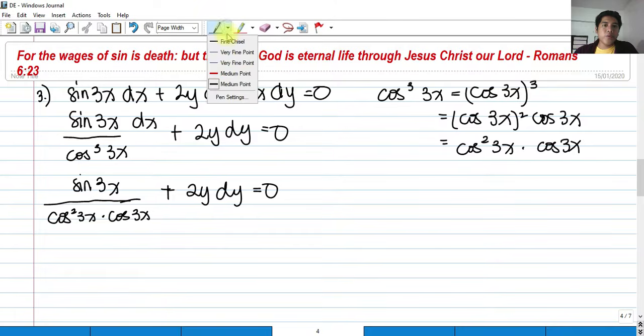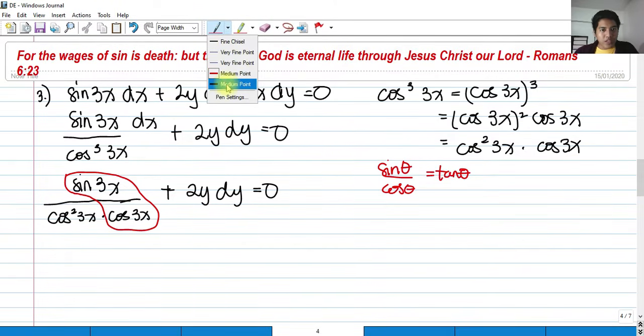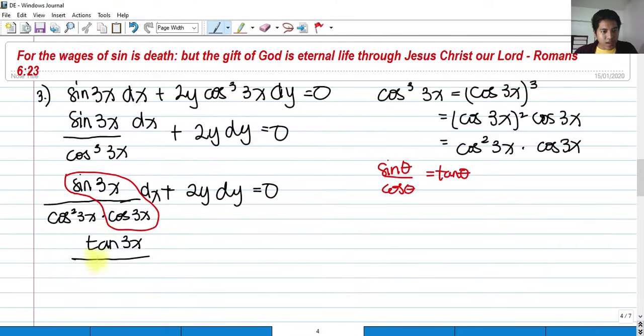Before we integrate that, as you can see here, sine 3x over cosine 3x reminds us of the identity sine theta over cosine theta, which is equivalent to tangent theta. So this sine 3x over cosine 3x is now equal to tangent 3x. I forgot to write a dx here. So we have tangent 3x dx over cosine squared 3x plus 2y dy is equal to 0.